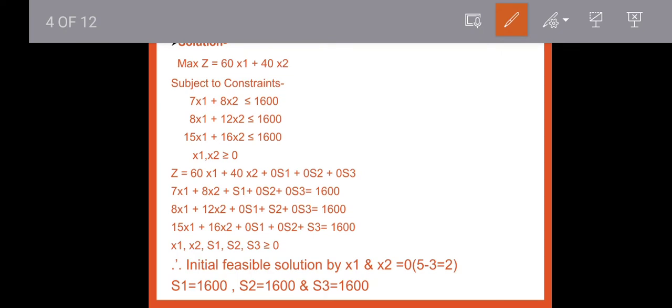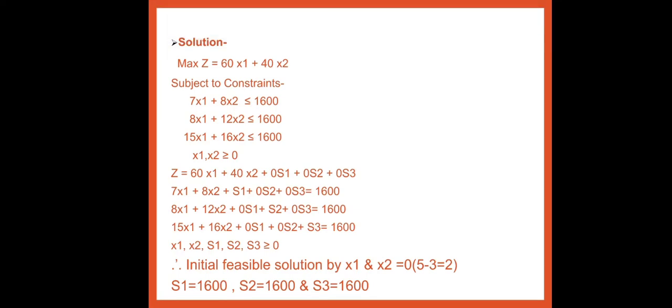Then the second one is 8x1 plus 12x2 plus 0s1 plus s2 plus 0s3 equals 1600. The third constraint, 15x1 plus 16x2 plus 0s1 plus 0s2 plus s3 equals 1600.